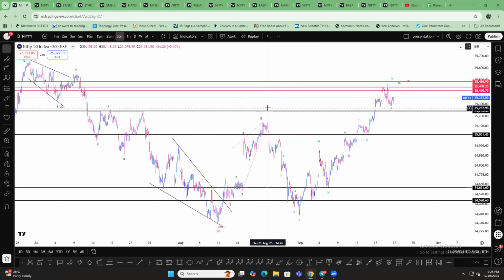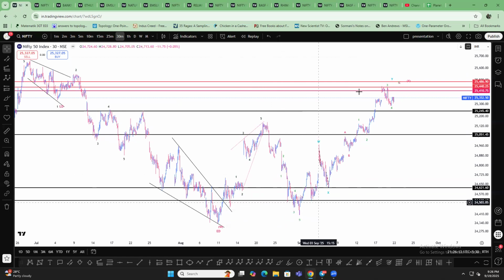So since this is a three-wave move, I am not considering this move as an impulse, right? Okay, so that's why every impulse starts with a 5-wave move. Now, this is not a 5-wave move till now, right?